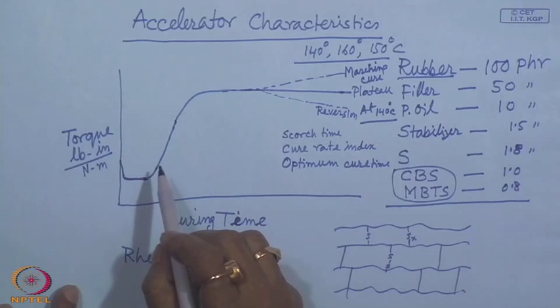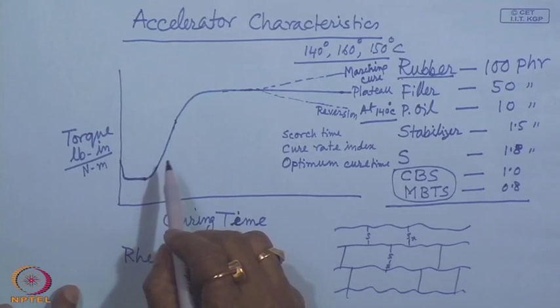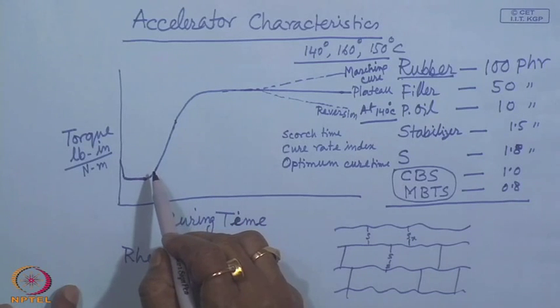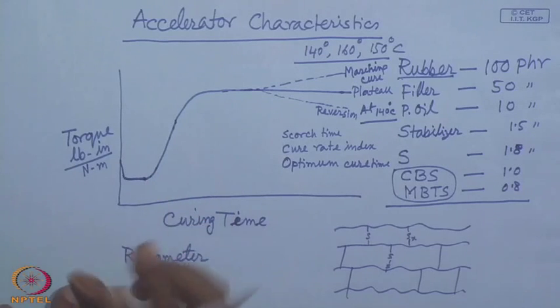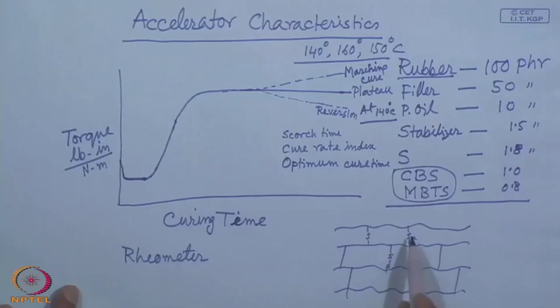That means the compound provides some restriction of mobility, that is a torque. The rotor is oscillated, so that rotor experiences some opposing force towards its oscillation. That opposing force towards oscillation is contributed by the introduction of these bonds. This starts here.